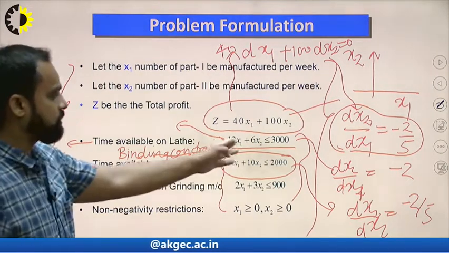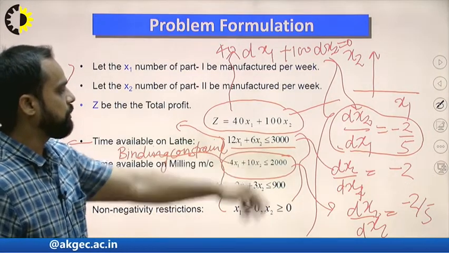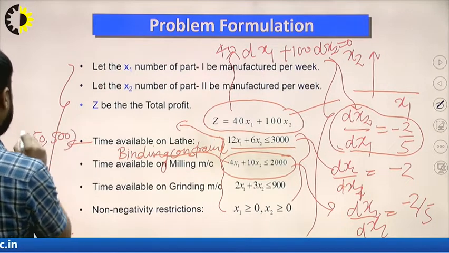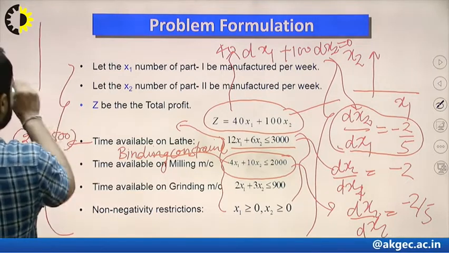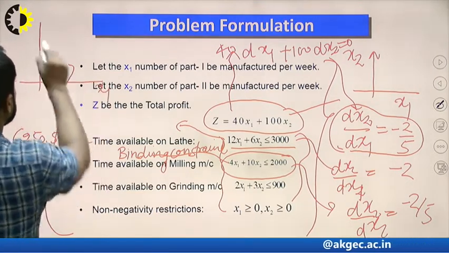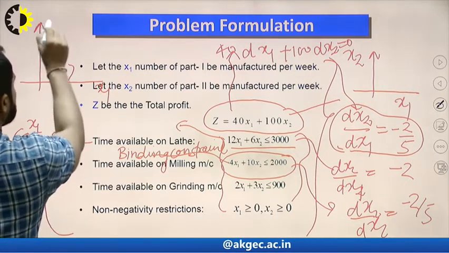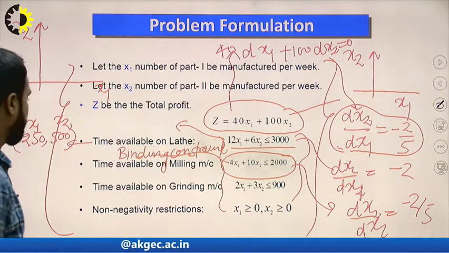If I put x1 equal to 0 in this equation, x2 is 3000 upon 6, which is 500. These are the coordinates of this equation. I can plot them against x1 and x2, with x1 on this axis and x2 on the other. In the next slide I will show the solution.